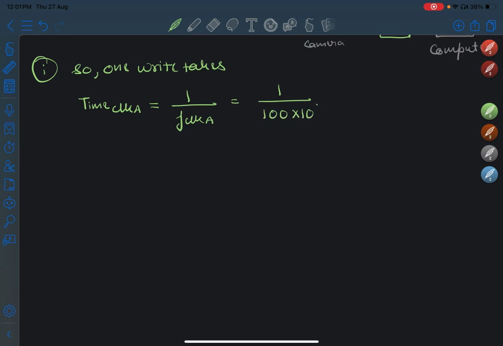So 10 raised to power minus 6 we can write it. We have to convert it into nanosecond, 10 raised to power 9. So we are left with 1000 upon 100. So it's 10 nanosecond. So one write takes 10 nanosecond.